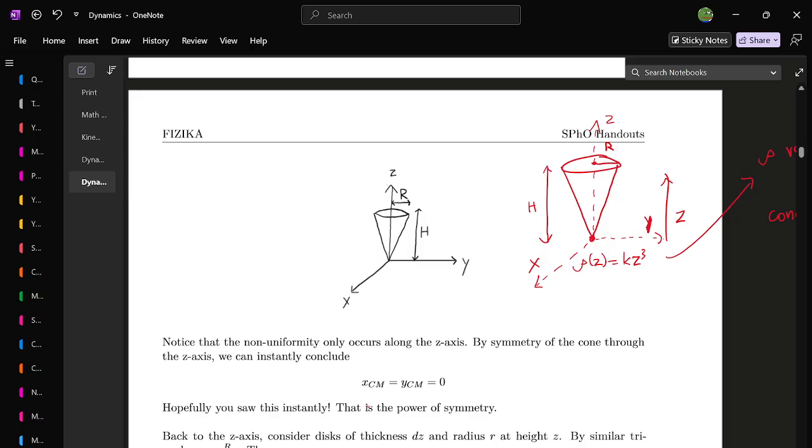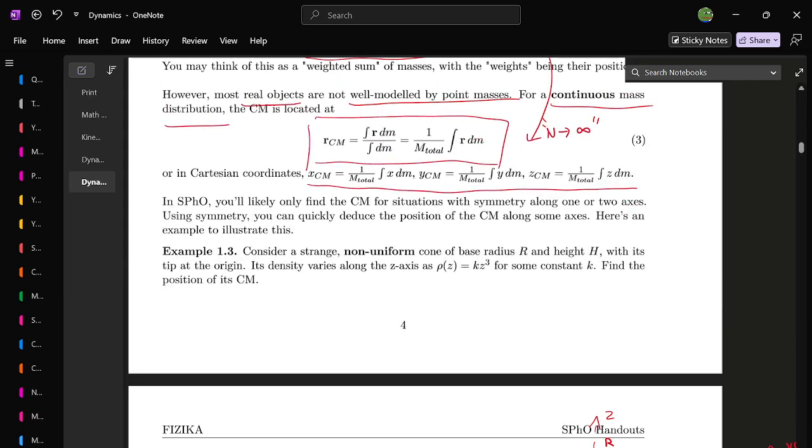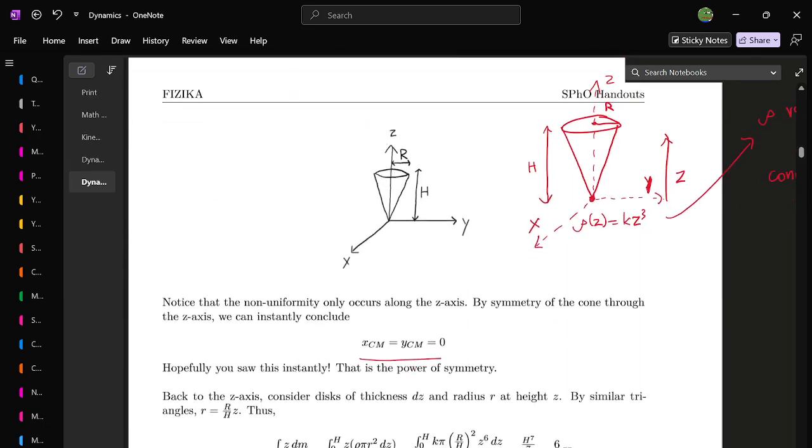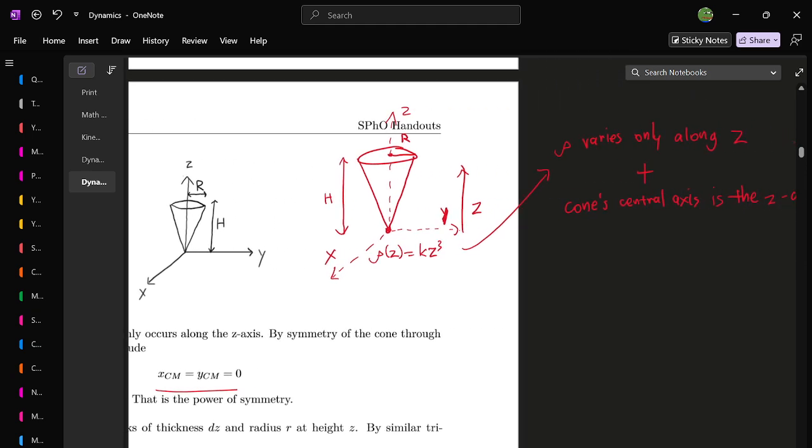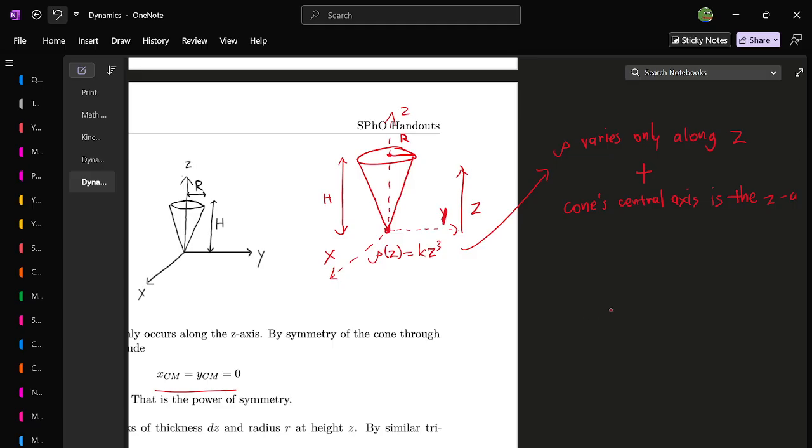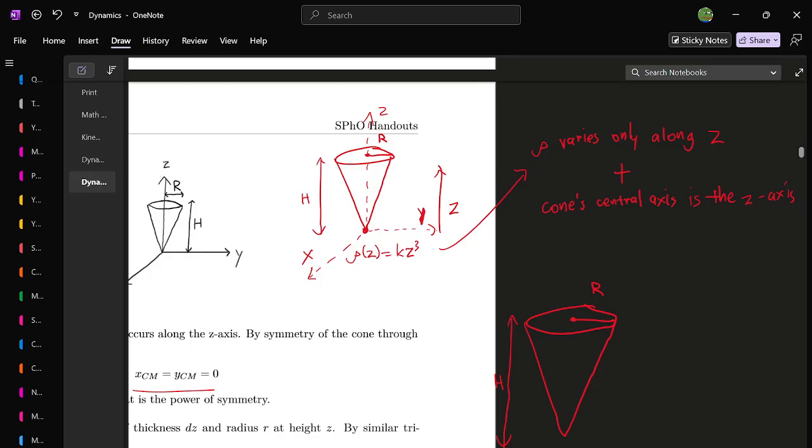Okay, so now great, we have the coordinates of xCM and yCM. We are left with zCM. This is the part where we just apply equation 3 here. For the zCM, the easiest way to do this is to consider infinitesimal masses. So remember our cone here. Let's say I consider some arbitrary height at z, and let's say I call this smaller radius r.